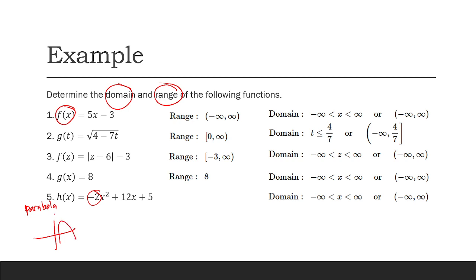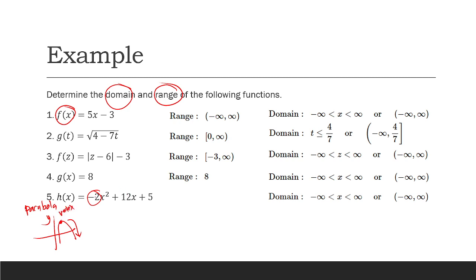Right? So if that's the case, and we're looking for the value of h of x, which is basically our y, this is your y-axis. The value of y will be limited from this point going down to negative infinity. So therefore, our range is limited. And because of this limitation, we need to find this point. Now, what do we call this point? This is the vertex.